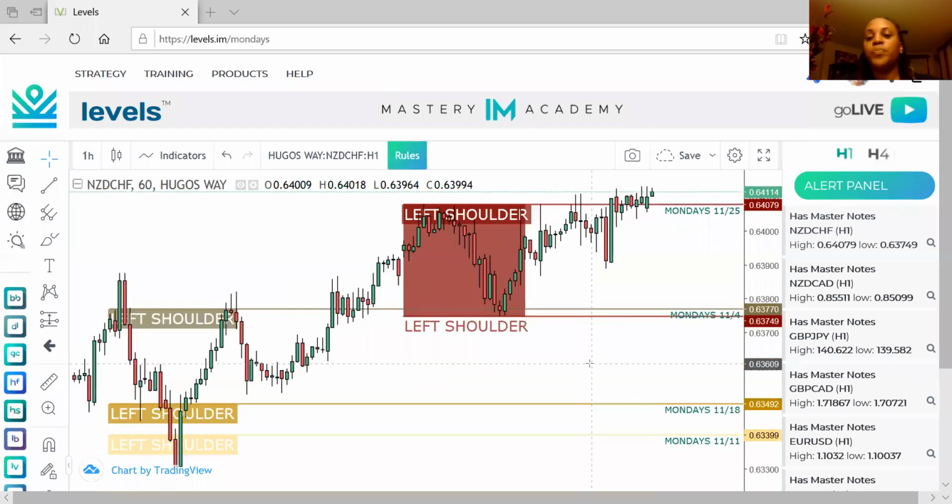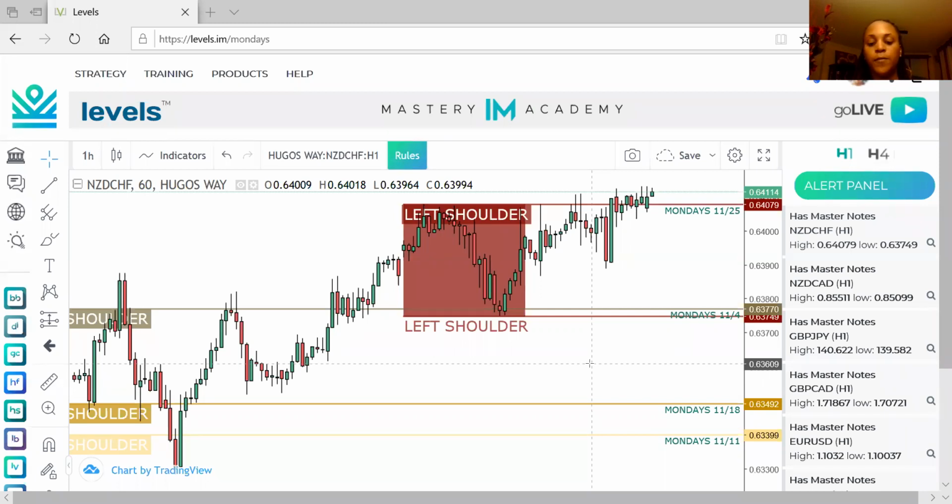Good. So we're going to go through 2 strategies with levels. Both strategies kind of intertwine with each other, and they complement each other. But one strategy is you getting into the market earlier, and the other is you getting into the market later, right?